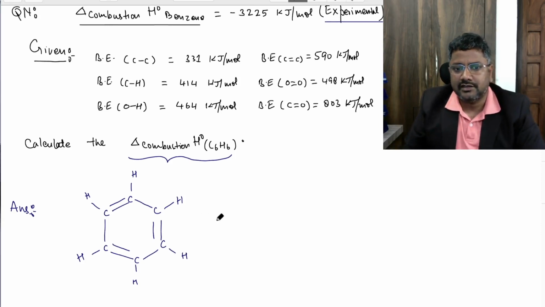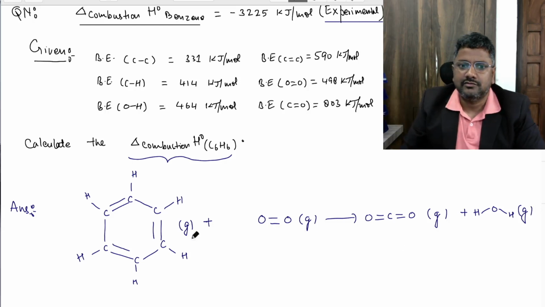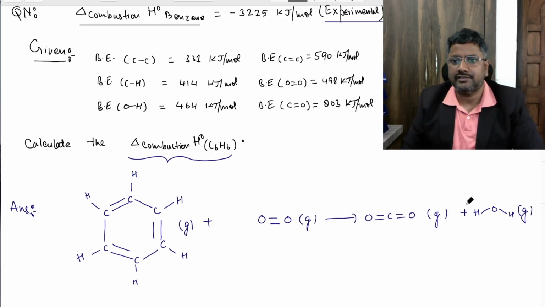I am writing the combustion of benzene. This is gaseous basically, and O double bond O, combustion, reaction with oxygen. This will give O double bond C double bond O, gas, plus HOH, gas. So first we have to balance this.